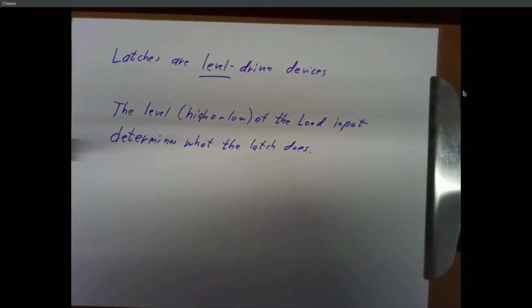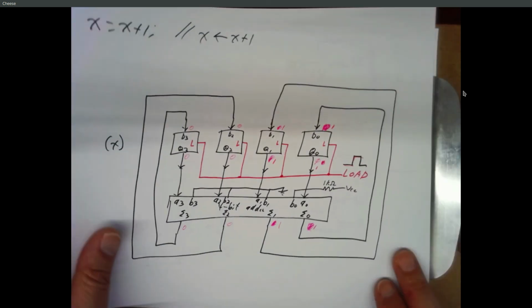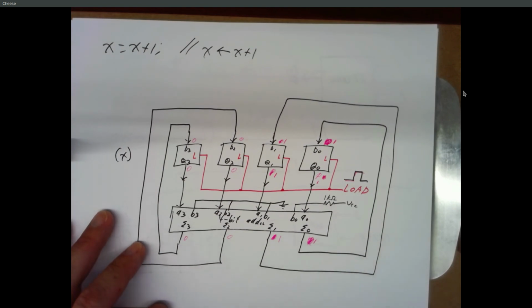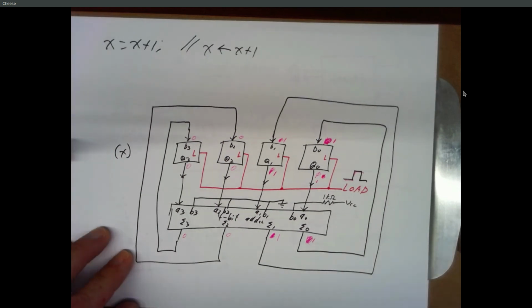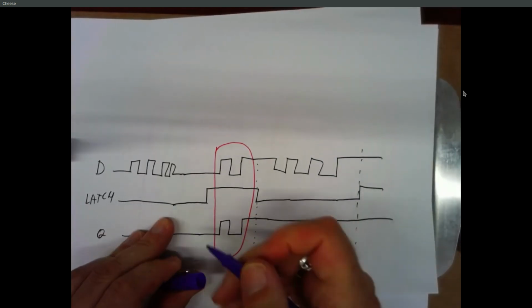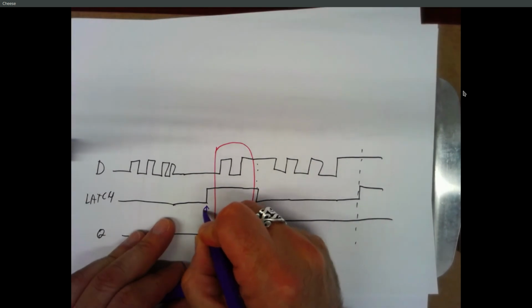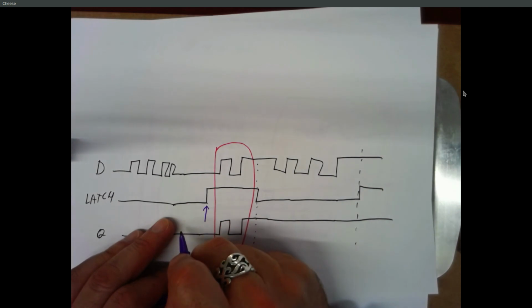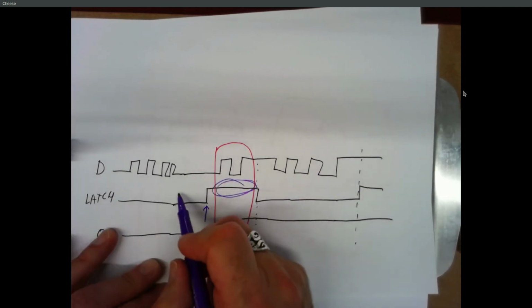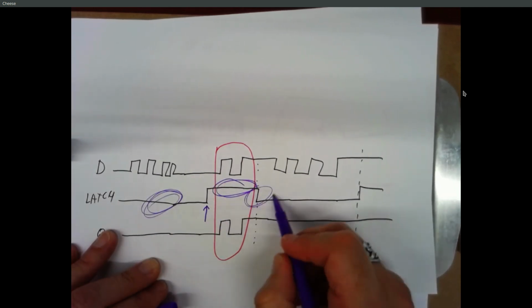What we'd really like is what's called an edge-triggered device. Something that pays attention to the fact that right here, this input changed from a 0 to a 1. And we don't care what's happening over here, we don't care what's happening over here, we don't care what's happening here.